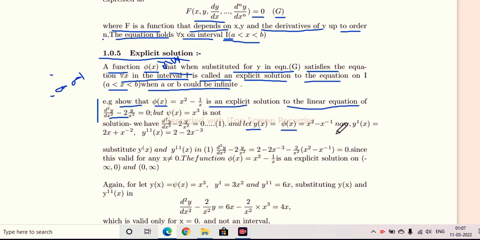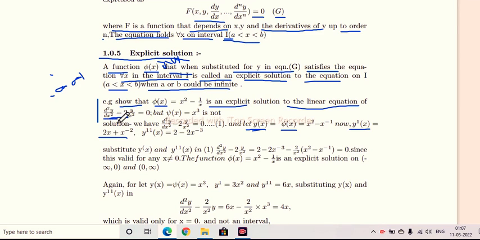Now differentiating y(x) with respect to x, we get this equation: the differentiation of x square is 2x, and the differentiation of x to the power minus 1 is minus 1 times x to the power minus 2, so minus minus plus, x to the power minus 2.